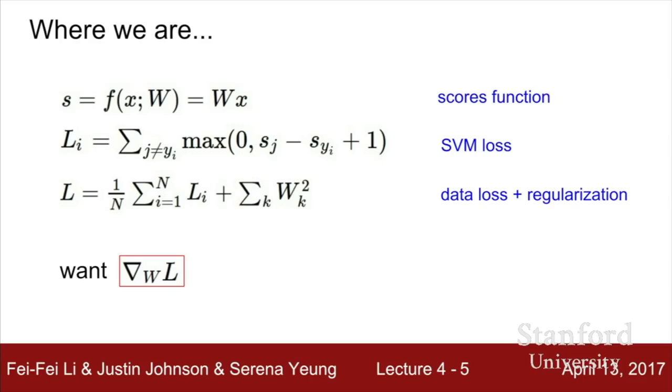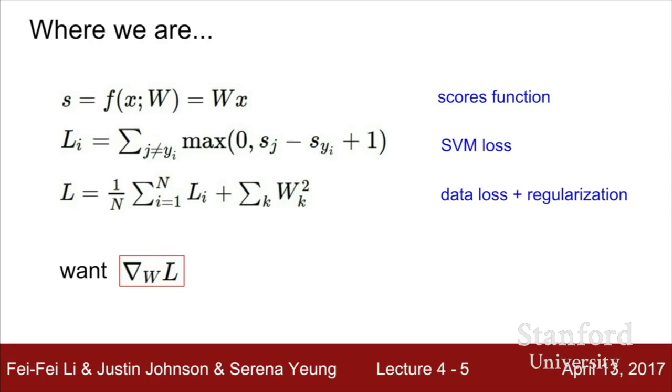From here we can also define a loss function, for example the SVM loss function that we've talked about, which basically quantifies how happy or unhappy we are with the scores that we've produced. Then we can use that to define a total loss term L, which is a combination of this data term with a regularization term that expresses how simple our model is. We have a preference for simpler models for better generalization.